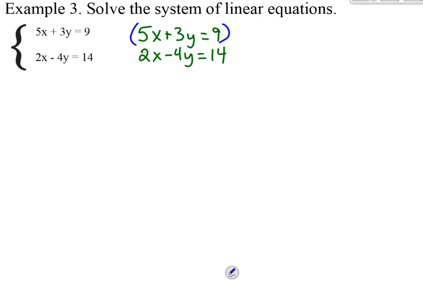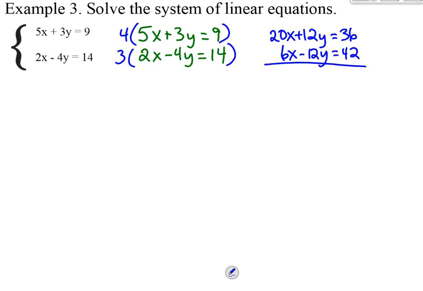So I'm going to multiply my first one by 4, my second one by 3, and then my new equations will be 20x plus 12y equals 36. 6x minus 12y equals 42. When I combine those, I'll get 26x equals 78. Dividing by 26, I get x equals 3.